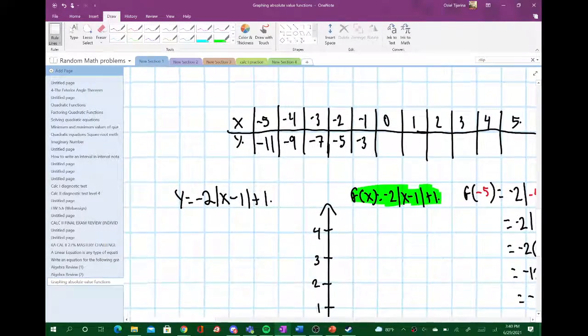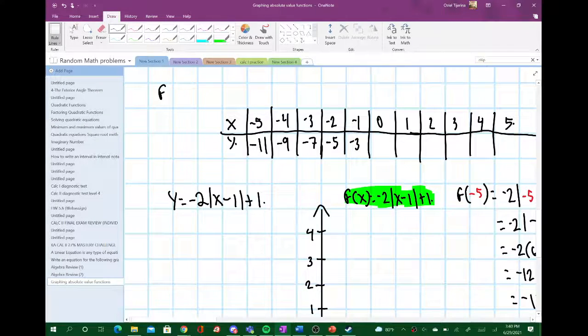Now what about when x equals 0? So we have f of 0 will be equal to negative 2, and I'm going to do times the absolute value of 0 minus 1 plus 1. This is going to give me negative 2 times the absolute value. And what is 0 minus 1? That's just negative 1, right?